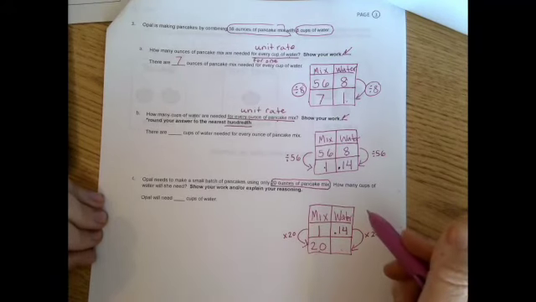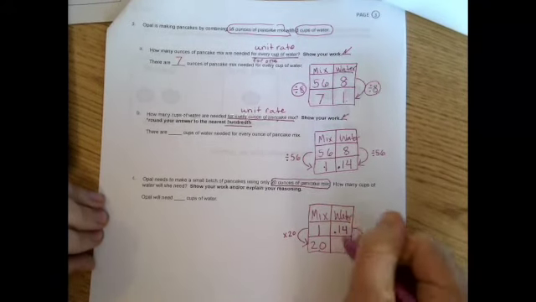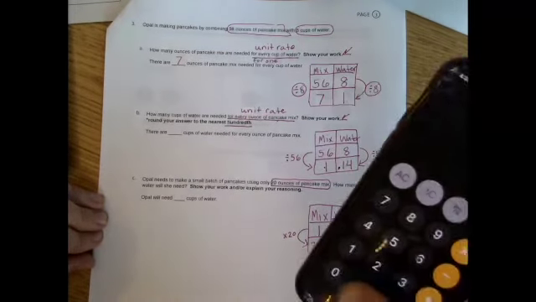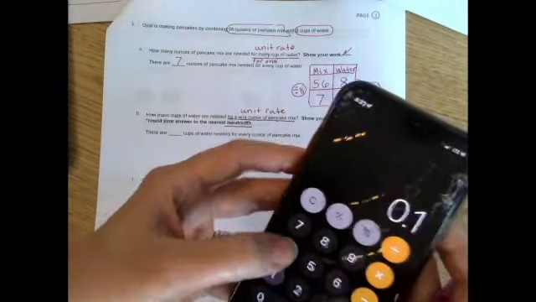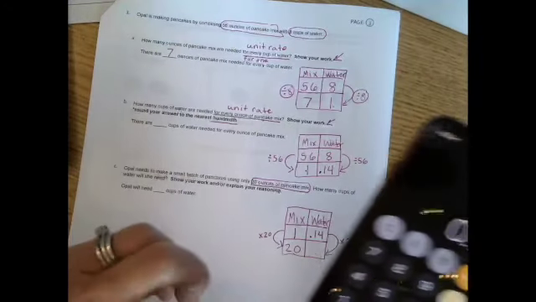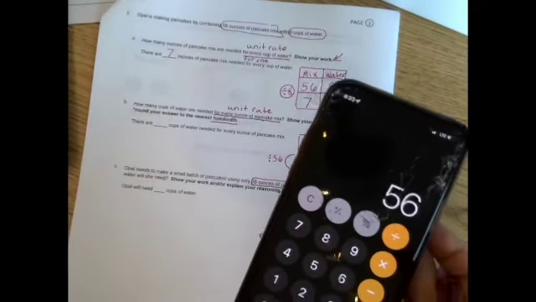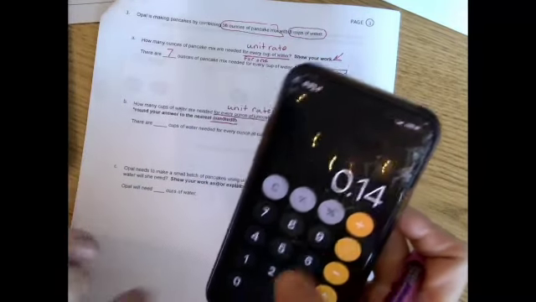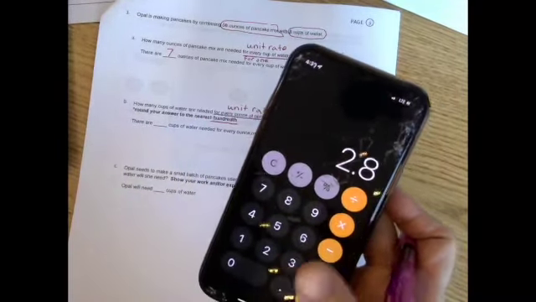Now all I have to do is plug into my calculator 0.14 times 20. There we go, 2.8.